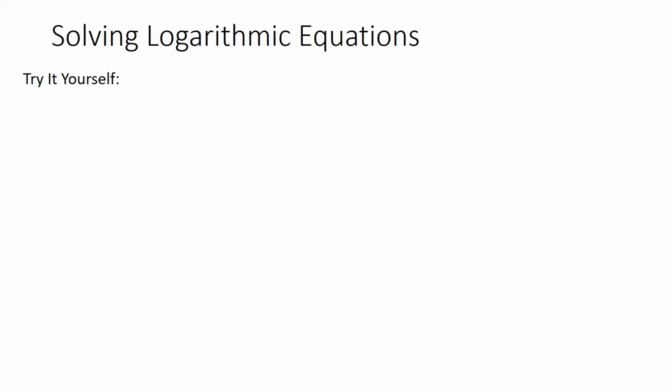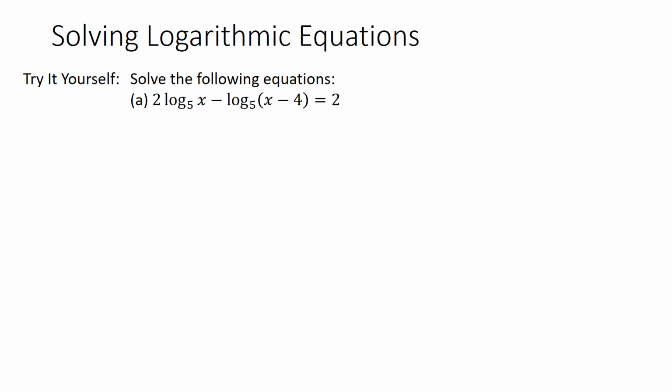Here is a similar example that you can try yourself. Solve the following equations. A. 2 log 5x minus log 5 x minus 4 equals 2. B. Log bracket x squared plus 9 equals 2 log x plus 1.